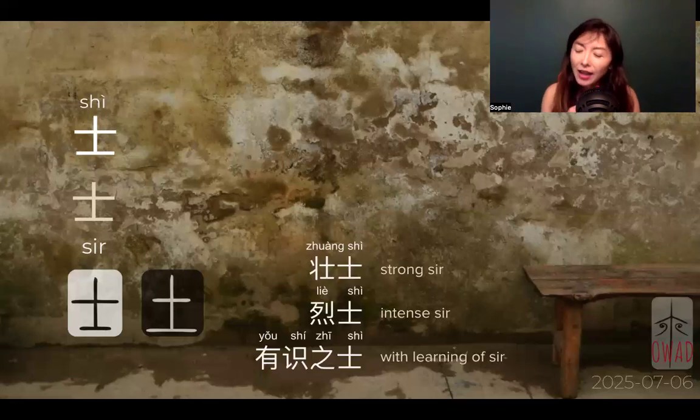Okay, 烈士. 烈士 comes after 壮士, after that person died, and this is kind of a martyr imagery created by somebody else. So it's not your own story. It is somebody after you passed away packaging a story to say you are 烈士.